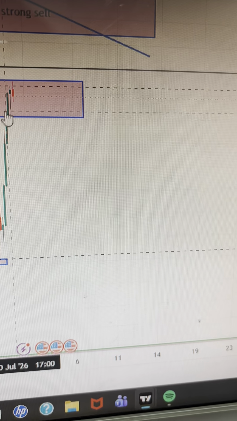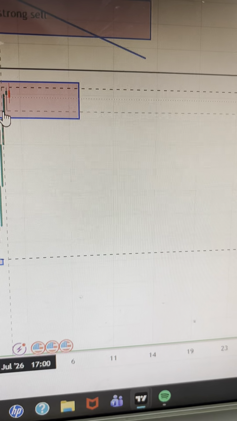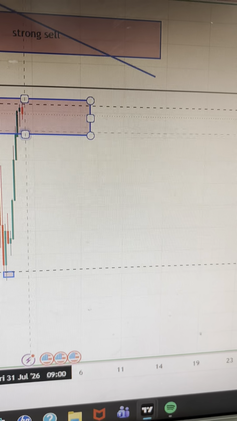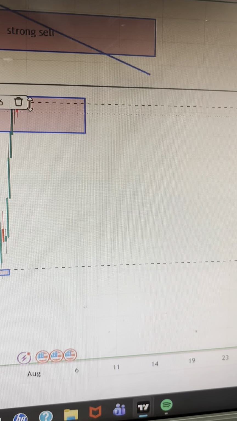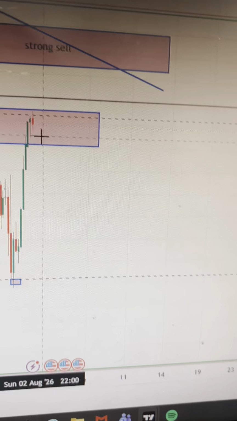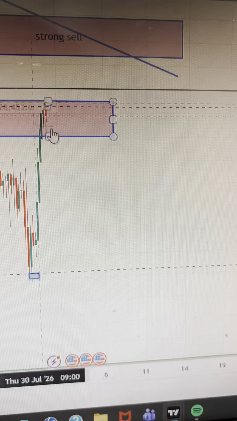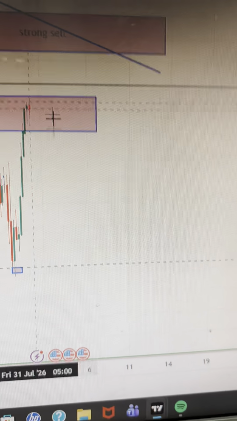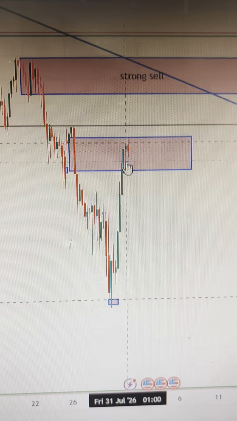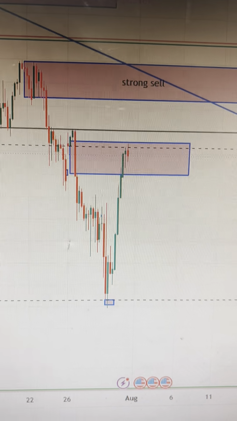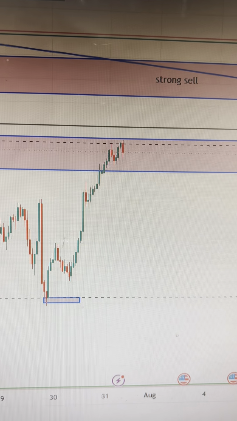If we can get this candle to close below this one, then we can say, okay, we have rejected in this area. Then we can look on the internal structure if we can get those sells. But at this moment, I'm just hoping to see what's going to happen within this area. But let's just go to 1 hour and see what we have.